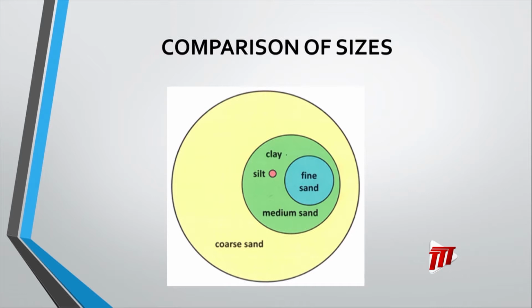Then we have a smaller circle in green, which would be the medium sand. Then we have the blue circle, which represents fine sand. And we have a red circle, which is silt. I'm not sure if you might be able to see it, but next to the word clay, there is a black dot. That black dot represents the size of a clay particle.